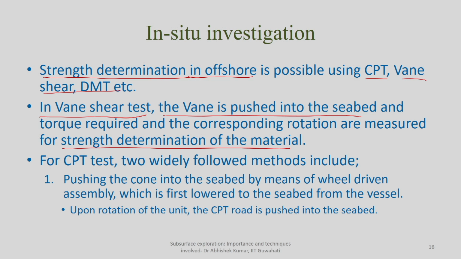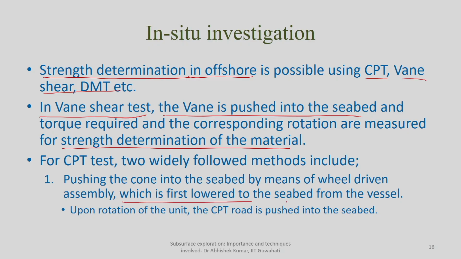So, the test which more specifically we are doing from the sea floor downward can be done in two ways. In the first method, you can actually push the cone into the seabed by means of a wheel driven assembly. There is a wheel driven assembly on two sides of the drilling rod, which will ensure continuous pushing of the drill rod into the seabed, which is first lowered to the seabed from the vessel.